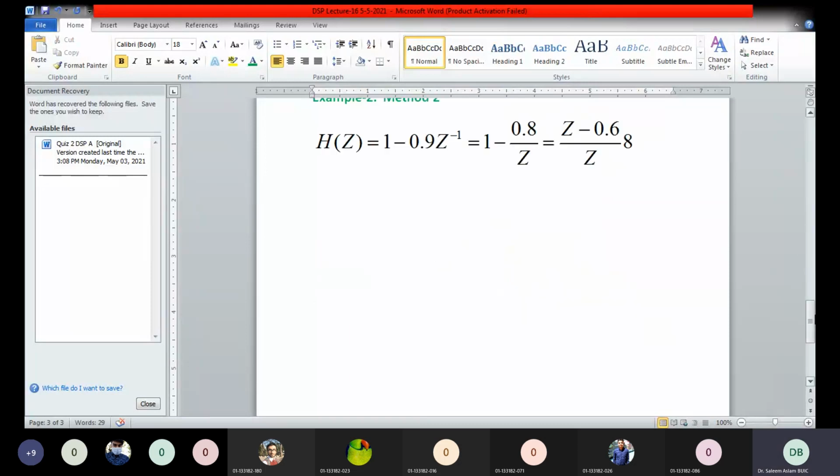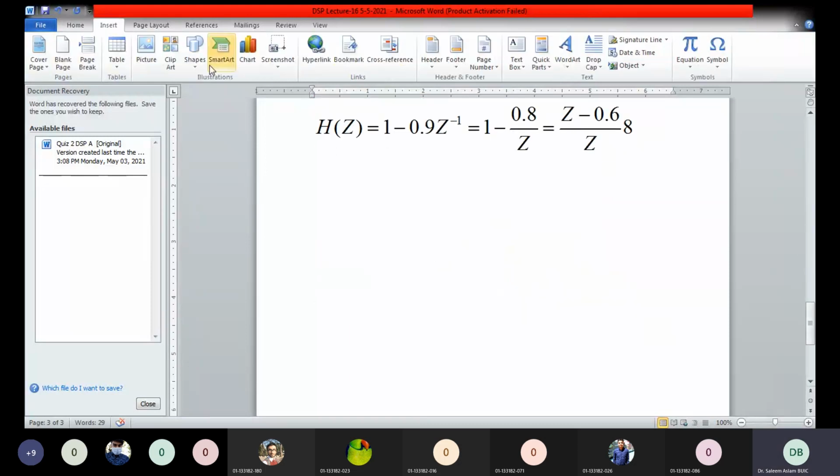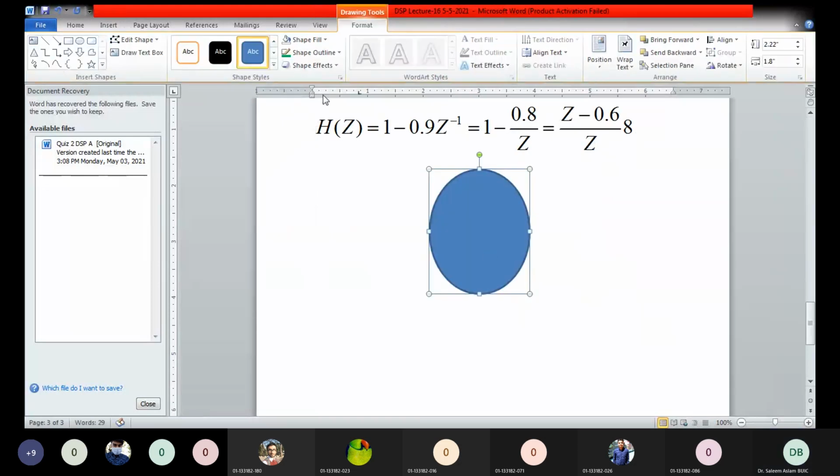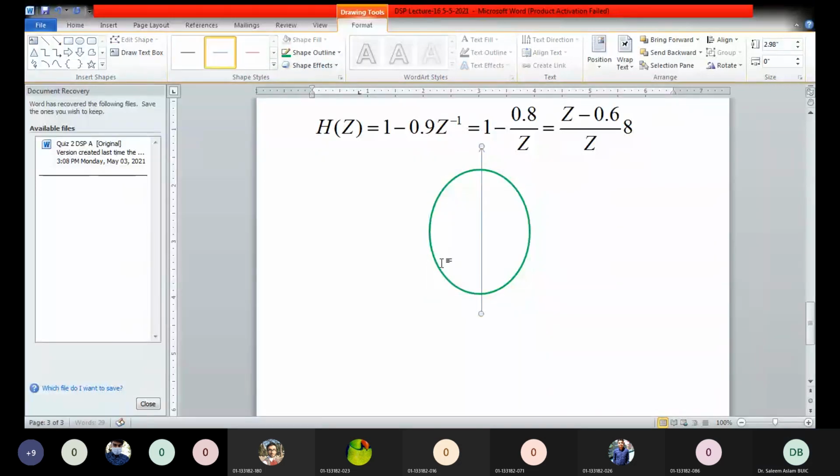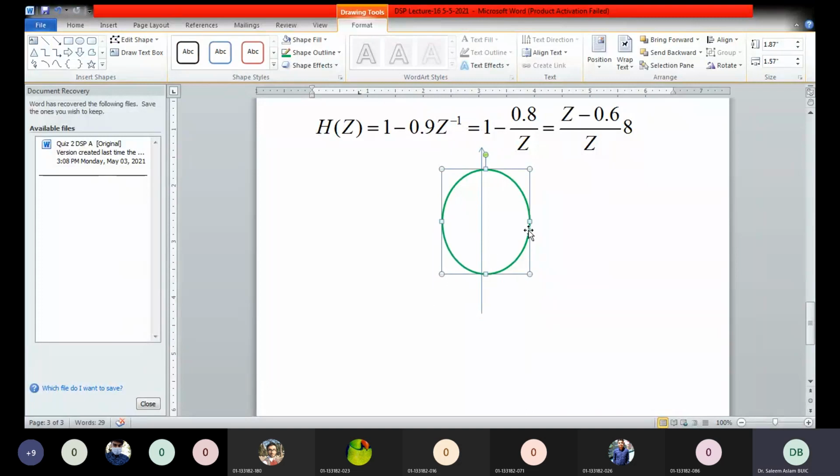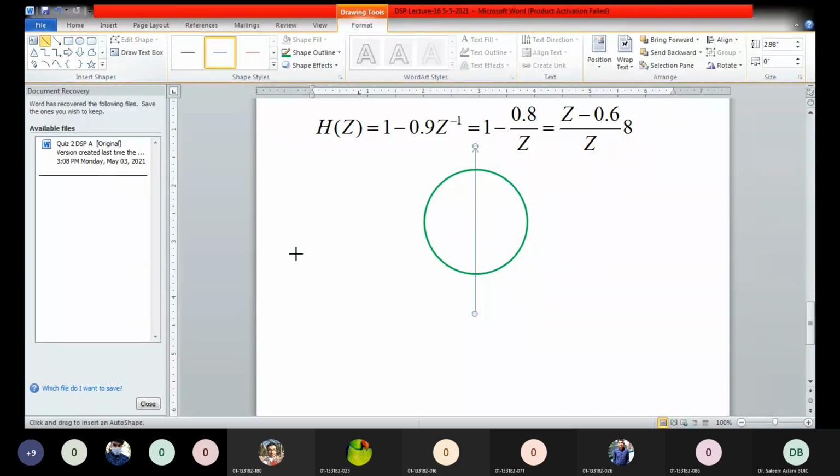Again, we have the same system with 0, this one, this one, this one, and then we have this one. Right? So it looks like a circle, and let's draw it.